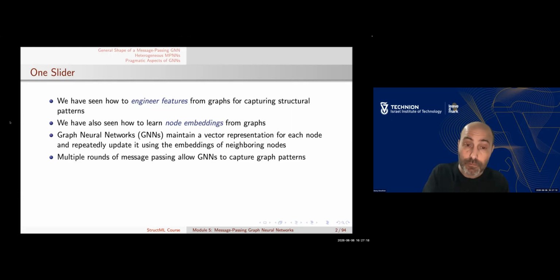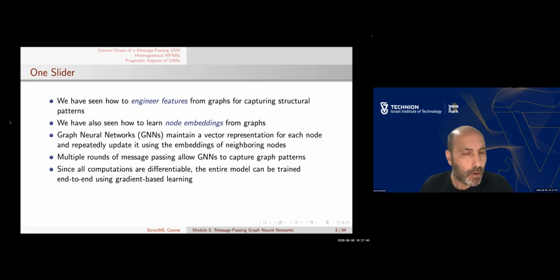We apply multiple rounds of this message passing approach, which means that we look at patterns not just in the immediate neighborhood, but rather in the larger neighborhood, capturing patterns, not just edges.